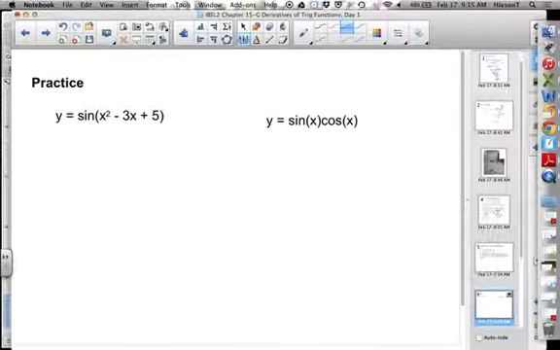Chain, because this is actually inside the sine, right? And guys, it's really easy to think product, because we see parentheses. But you've got to remember, these are trig functions.